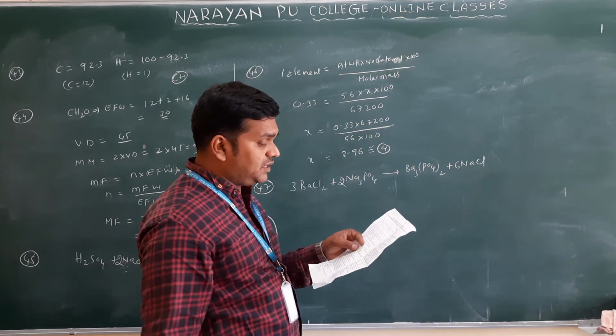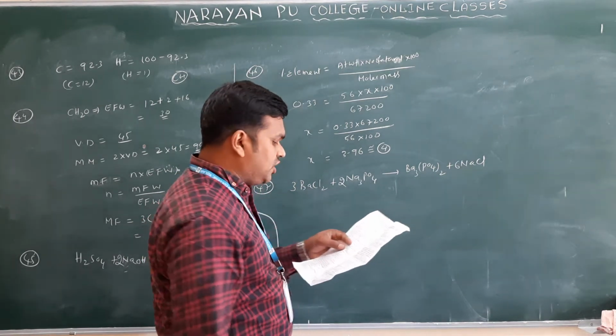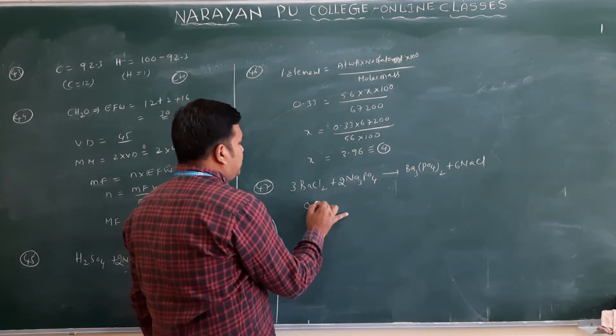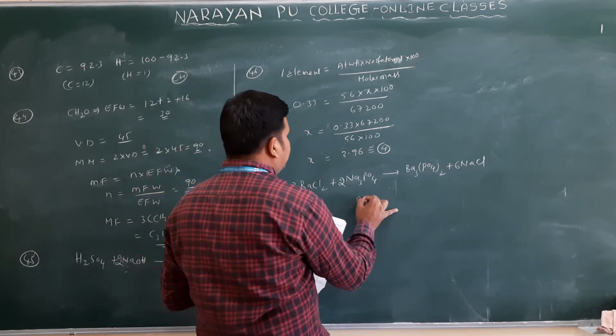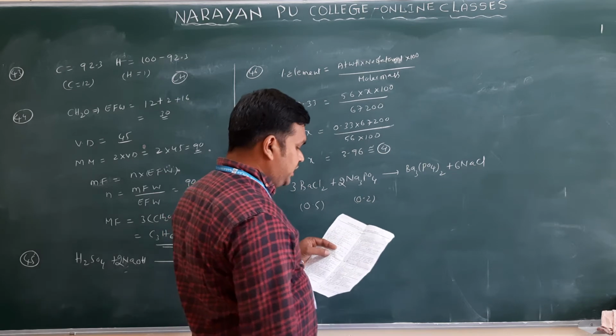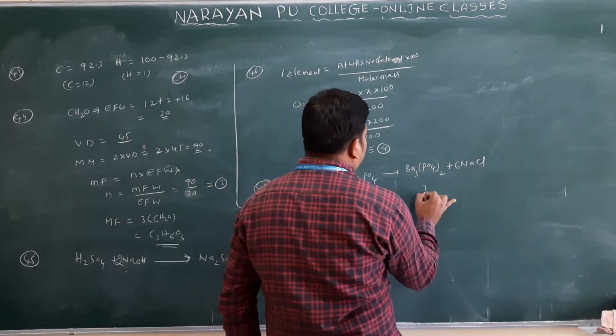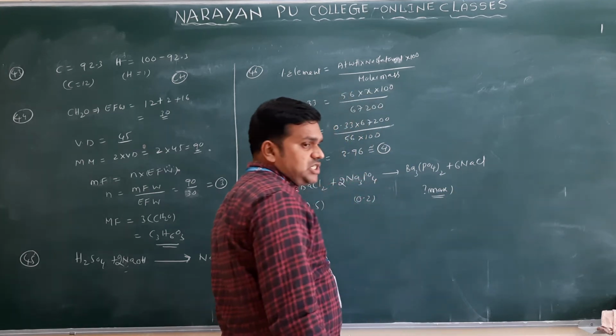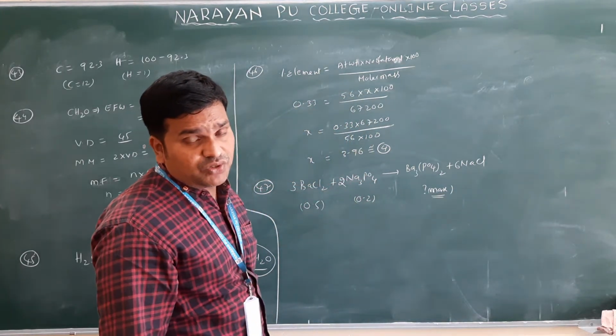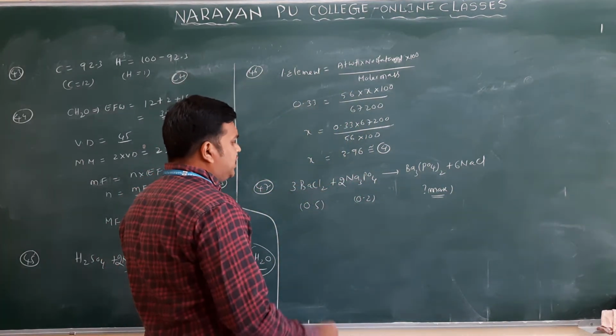Now what do they ask here? 0.5 moles of BaCl2 is mixed with 0.2 moles of Na3PO4. They are asking for the maximum number of moles of Ba3(PO4)2 formed. Now just compare with this equation.